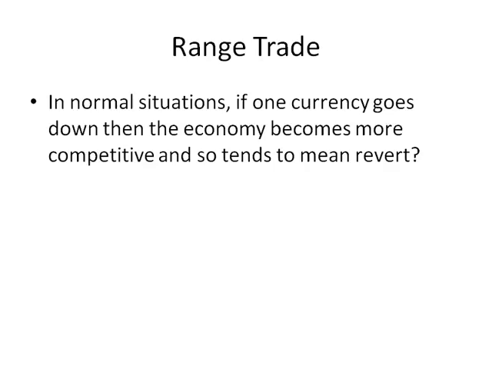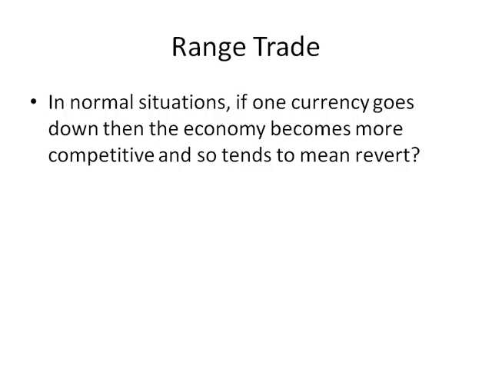The range trade is more a normal trade. So if one currency goes down, then the economy becomes more competitive. It's easier for businesses to sell their goods whose price has fallen. The wages that they're paying are paid in their local currency. When the currency falls in international markets, the wages have come down.